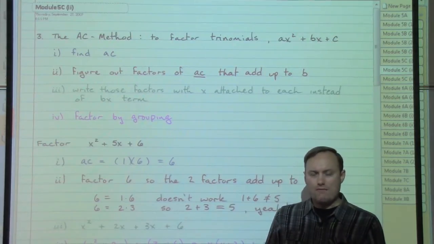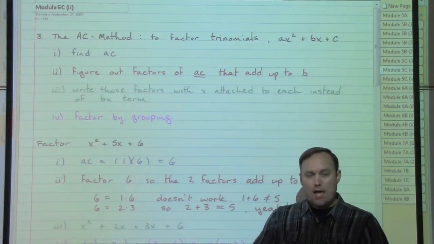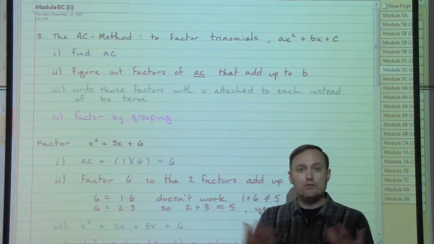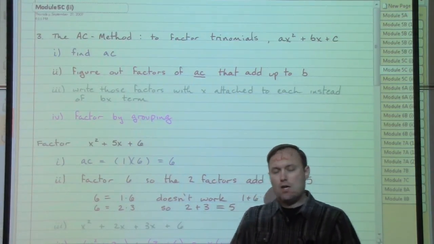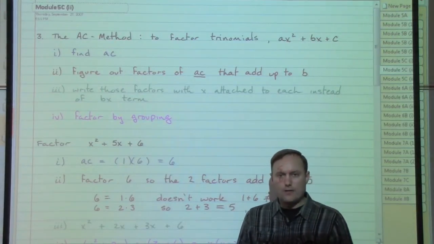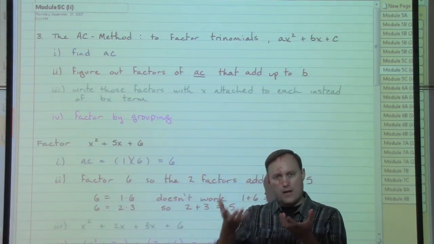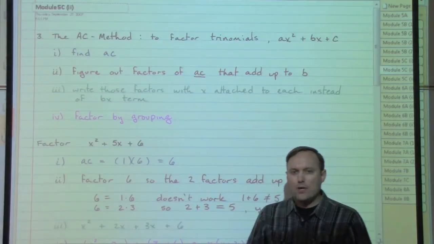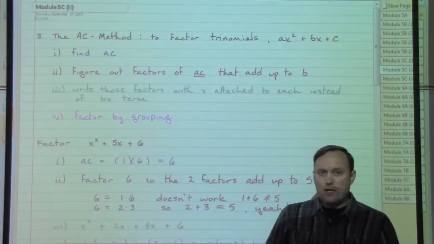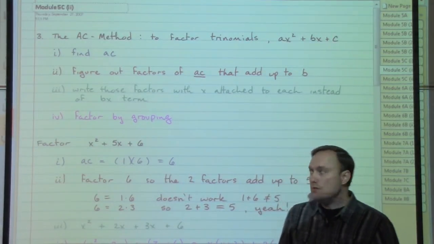So we would need a factoring method that allows us to start with a trinomial and break it apart, undo the FOIL process, and get a final answer that would be a binomial times a binomial. The AC method is one way in which to do so.